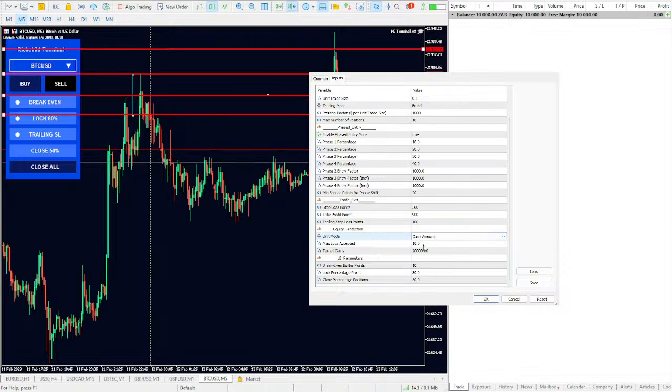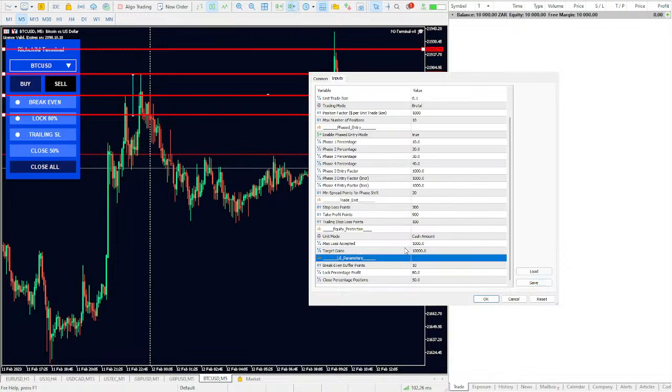Okay, I most likely want to use the cash amount so I know exactly how much I am risking. Okay, so if I put 1,000 here, it means that if loss goes to 1,000, it will cut off every trade. Right, target gains is also like your take profit. Okay, so if your profit goes to, let's say 10,000, which means I double the account, close everything and take profit.